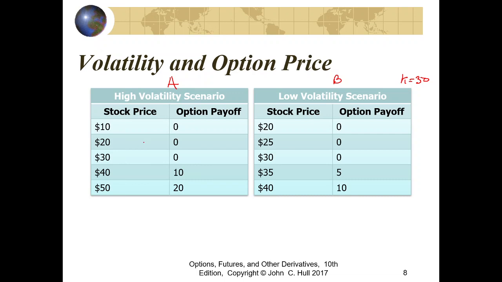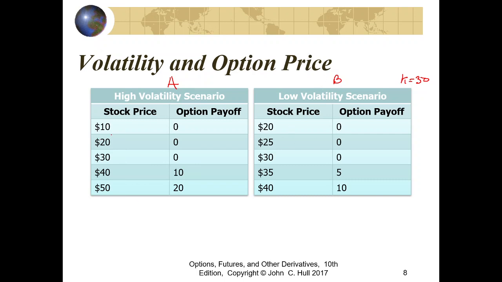The stock underlying option A has a high volatility, while the stock that is the underlying asset for option B has a low volatility.